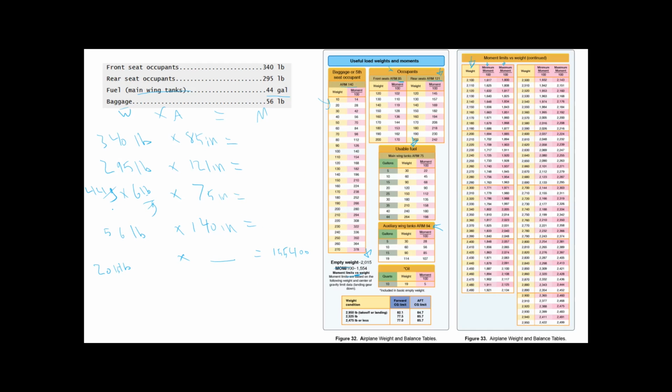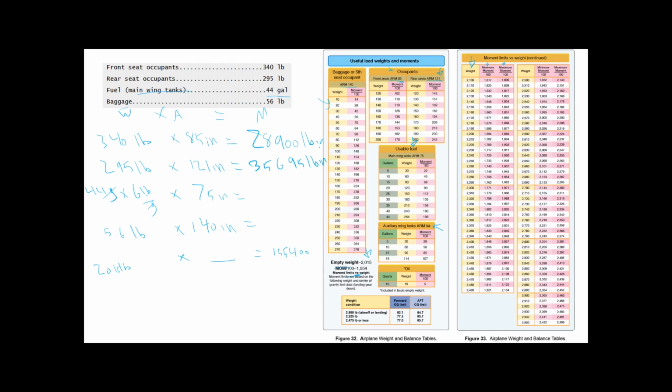So let's do some math. 340 times 85 gives us a moment of 2,890 pound inches. 295 times 121 gives us a moment of 3,565 pound inches.